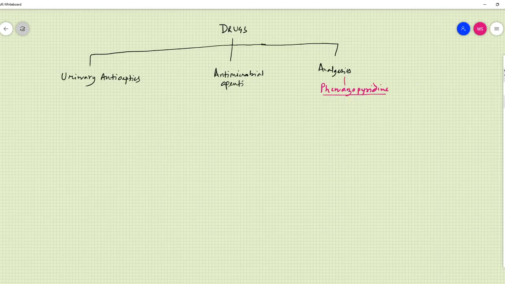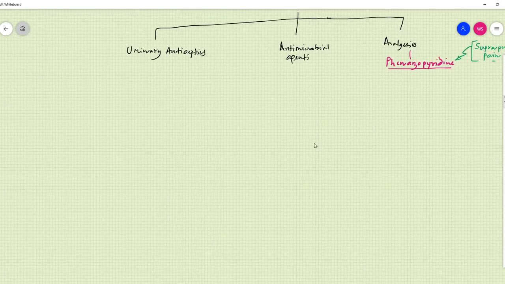Why are we giving this analgesic? It is for the suprapubic pain. There is another agent which we will talk about under urinary antiseptics called methenamine. That methenamine also decreases the suprapubic pain, and so those are the analgesic drugs.